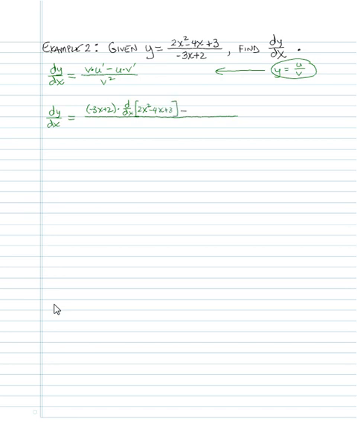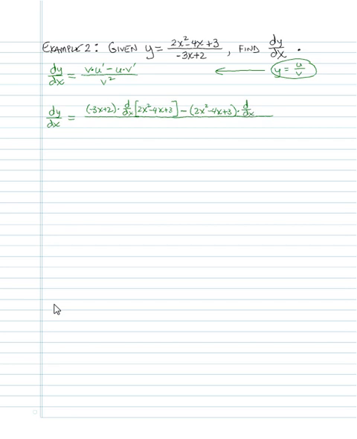And then from that we subtract. And we go in the reverse order. That is, we say the numerator, which is 2x squared minus 4x plus 3. That's nothing more than u from above, is it? Times the derivative of v. V is the denominator. So times the derivative of the denominator.